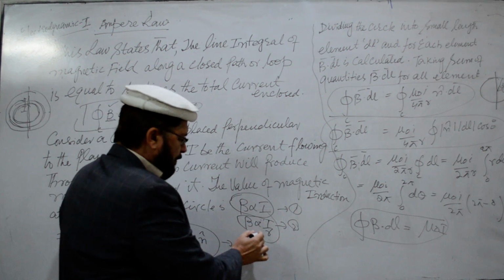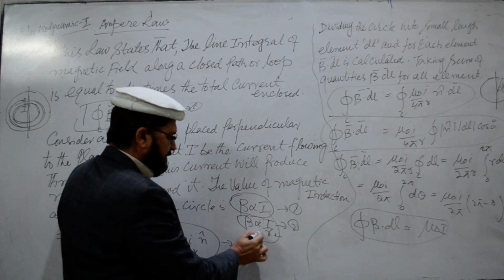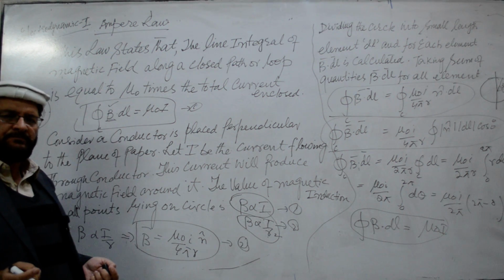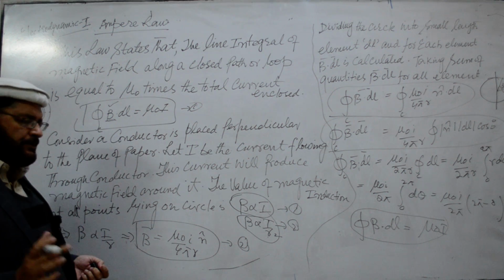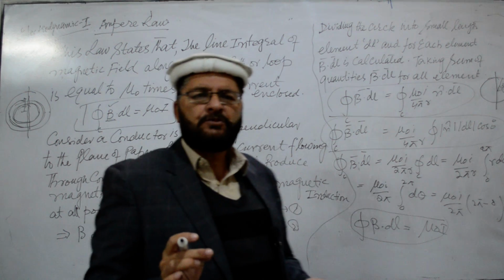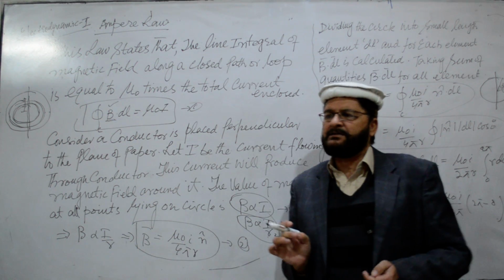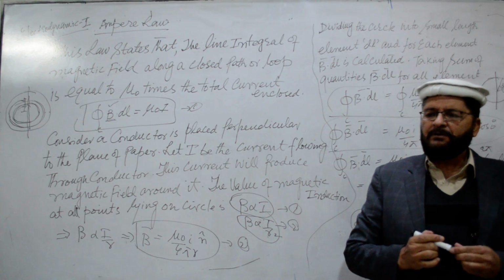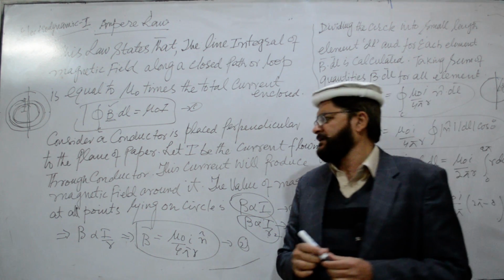It is inversely proportional: if r is greater then B will be less, and if r is less then B will be greater. So B depends upon the amount of current flowing, and also upon the distance r from the conductor.